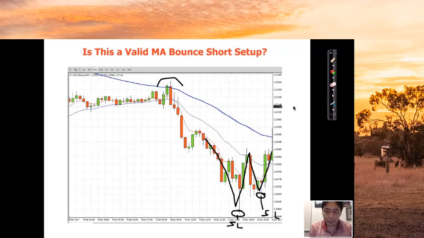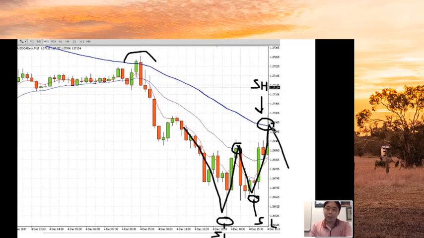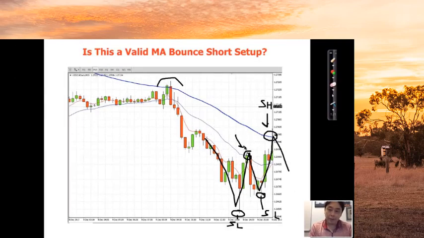Okay? Next, where's the recent swing high? Over here, right? That's a recent swing high. And where's the previous swing high? Well, over here, that's the previous swing high. So you can see that the recent swing high is higher than the previous swing high. So again, that is not a very good setup, right?